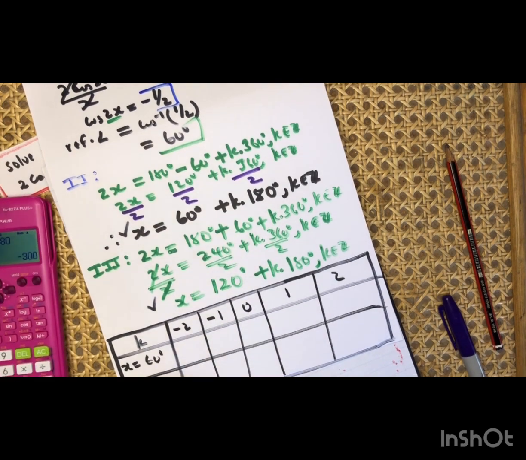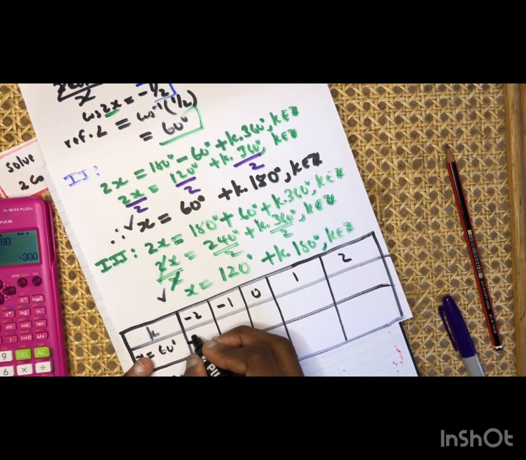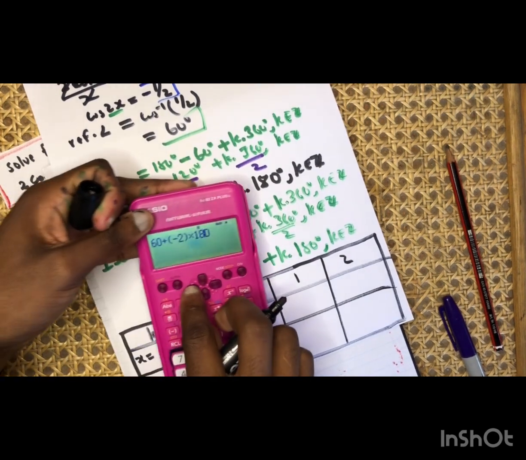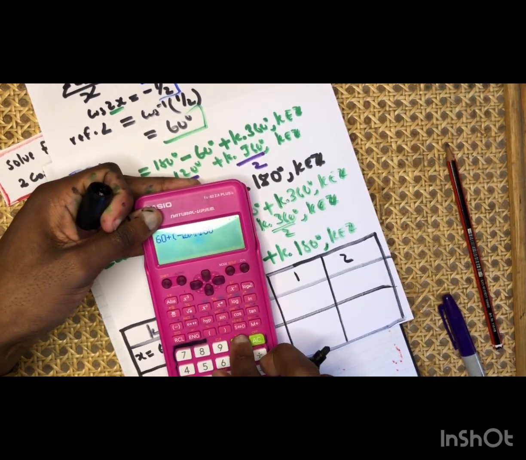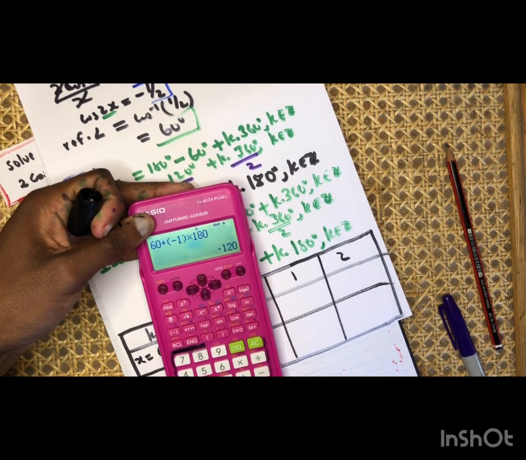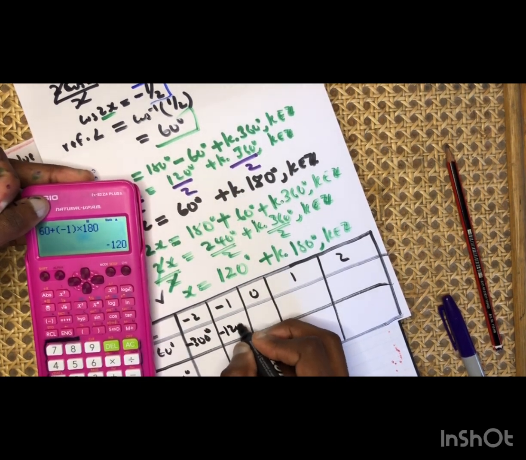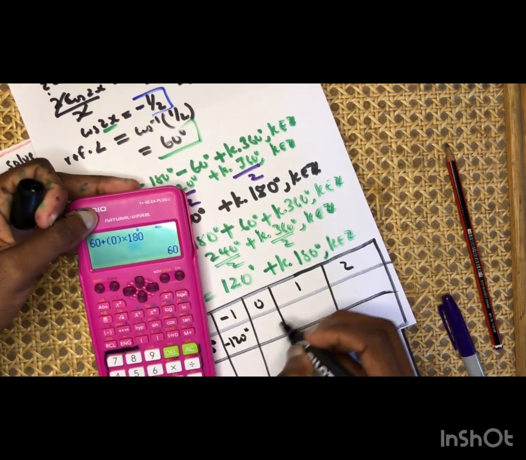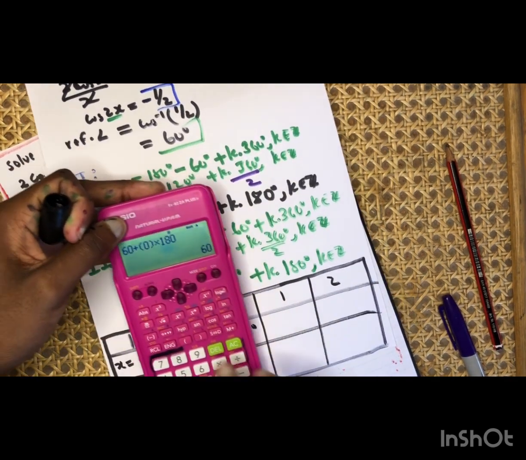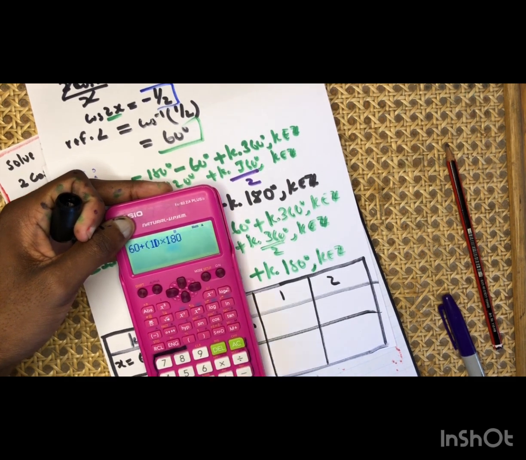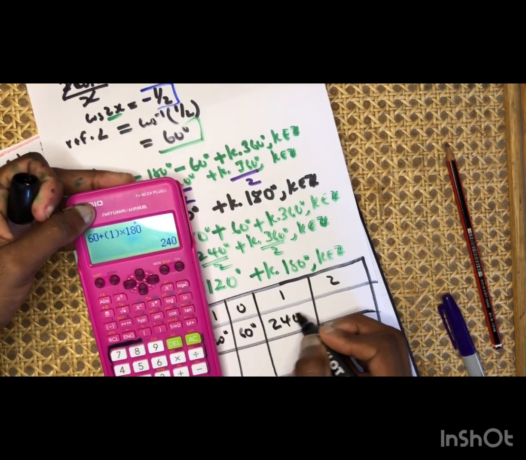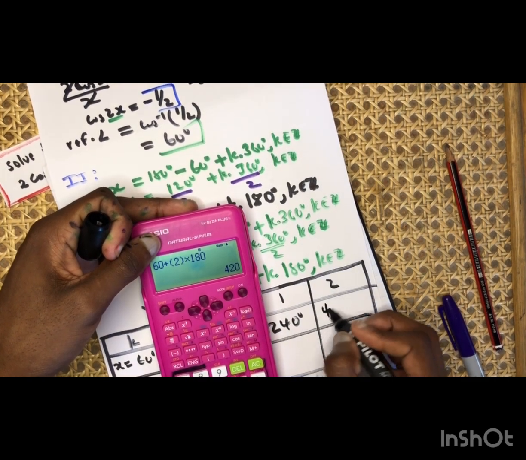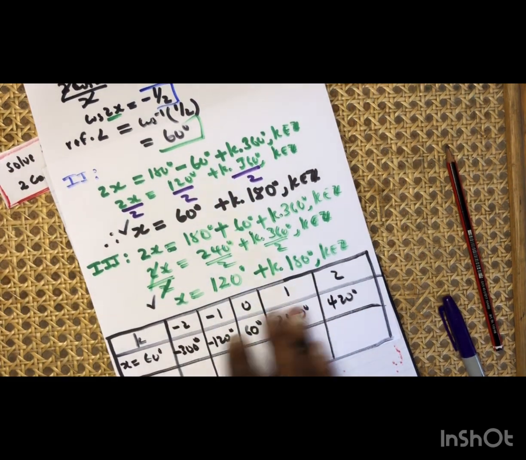We get -300 degrees. Then we change and put -1. We get -120 degrees. Then we put 0. We get 60 degrees. Then we put 1. We get 240. We change to put 2. This is 420. We're done for 60.